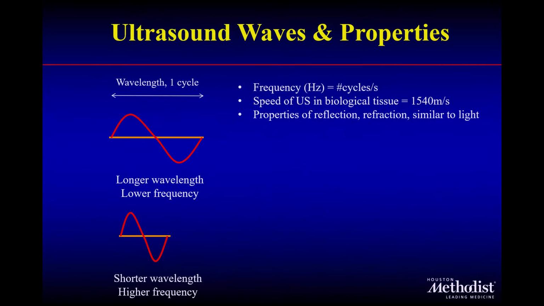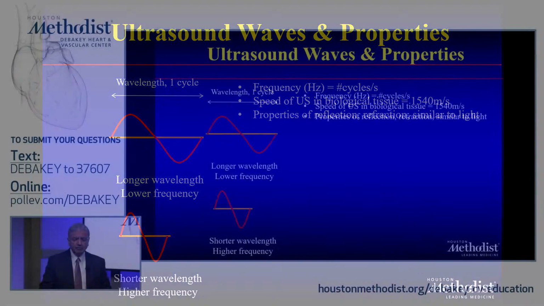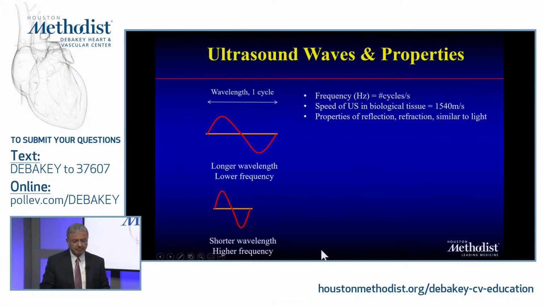So ultrasound, as you know, there are waves and their properties, and from a basics point of view, this is the wavelength of that ultrasound wave. One cycle is a wavelength. The frequency in hertz, as you know, is the number of cycles per second. And in ultrasound, the word tells you it's beyond the sound, so that we don't hear these sounds.